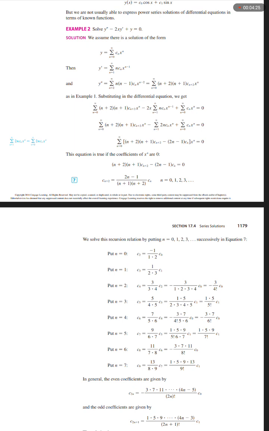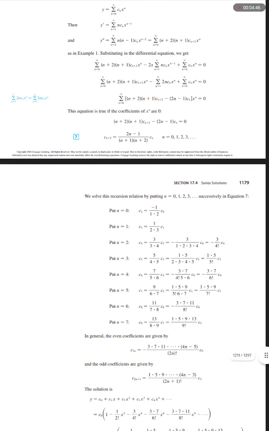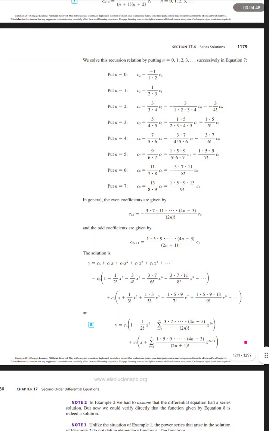We solve this recursion relation by putting n equals 0, 1, 2, 3 successively in equation 7. Put n equals 0, c sub 2 equals negative 1 over 1 times 2 times c sub naught.